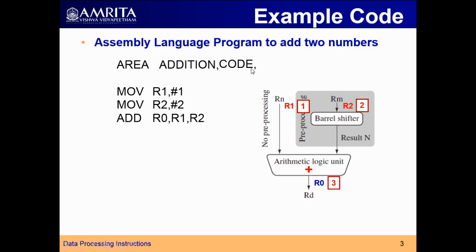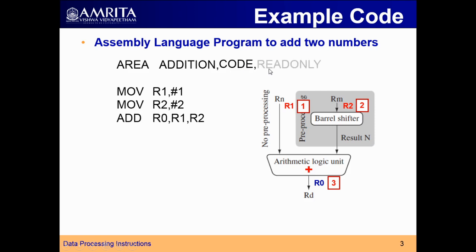You can change the first parameter because it is user defined, but the second parameter should be CODE or DATA, etc. You cannot change it. For the time being, I am going to store the program in code memory, so the second parameter should be CODE, C-O-D-E in capitals. This shows that I am going to store the program in code memory.